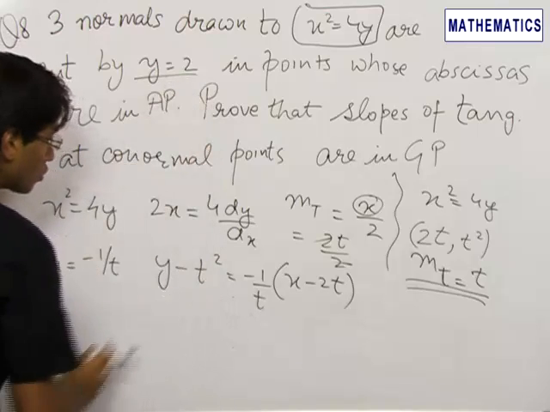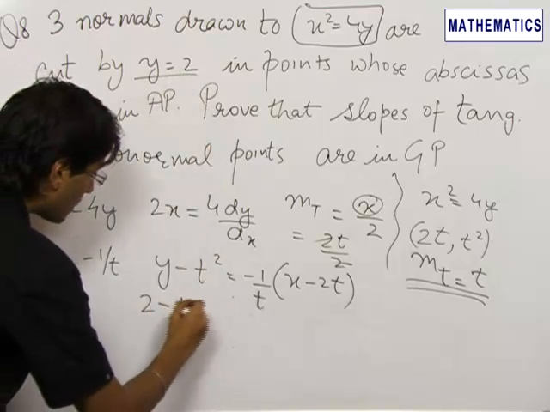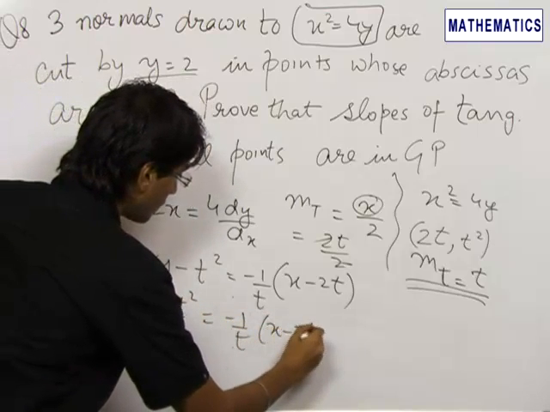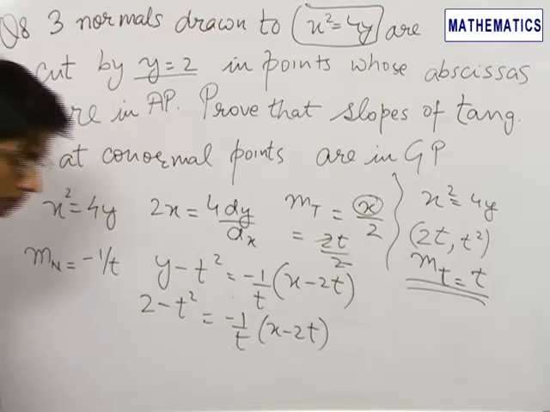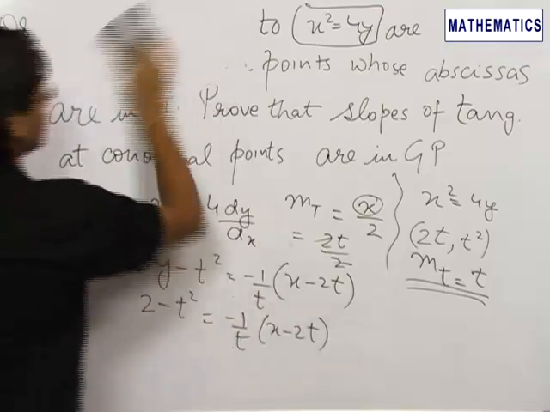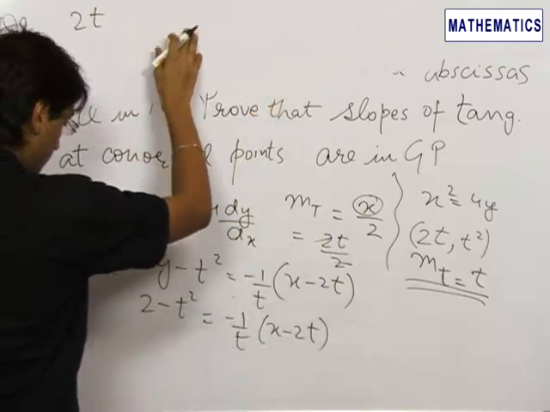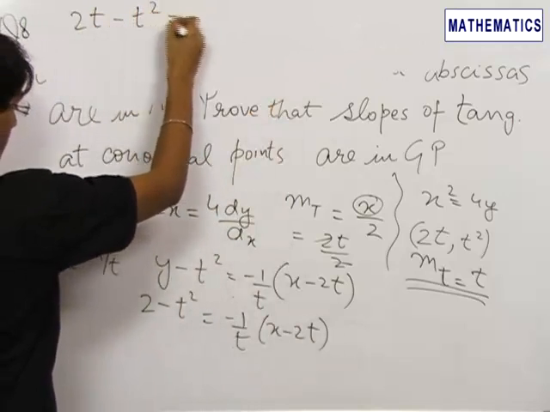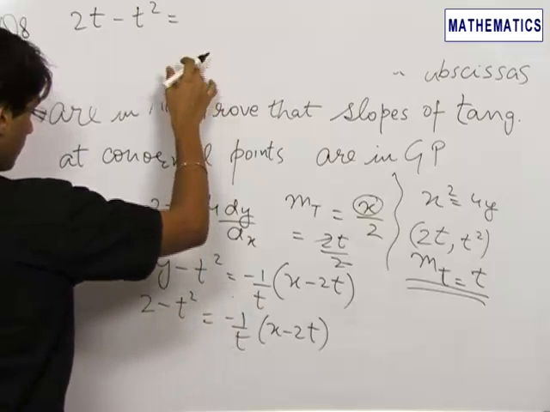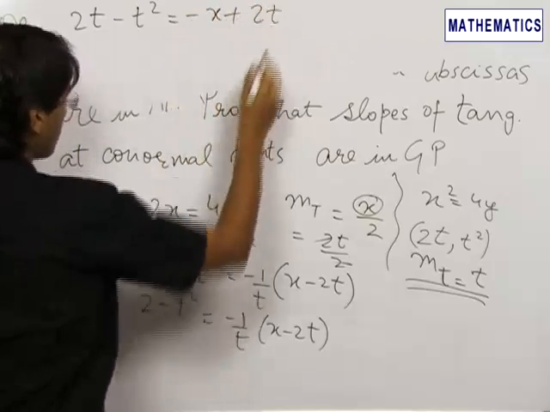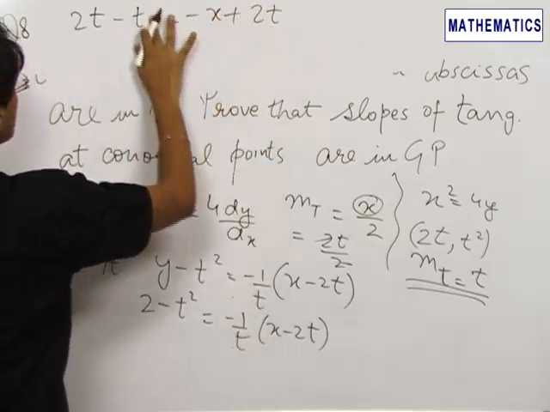Hence putting y equals 2, we get 2 minus t square is equal to minus 1 upon t times x minus 2t. On simplifying, we get 2t minus t square is equal to minus x plus 2t, or rather this is t cube.